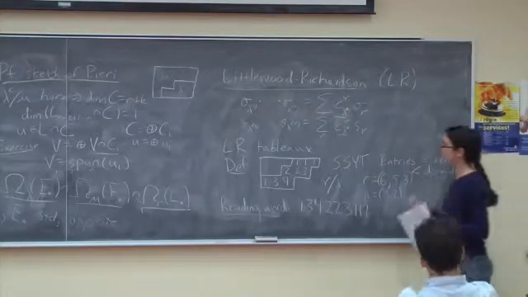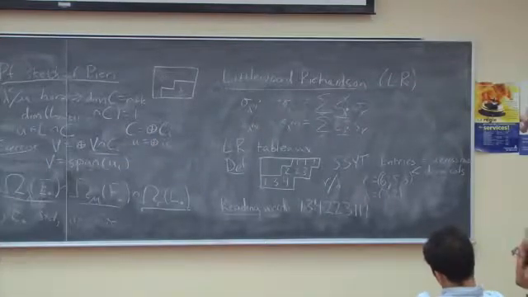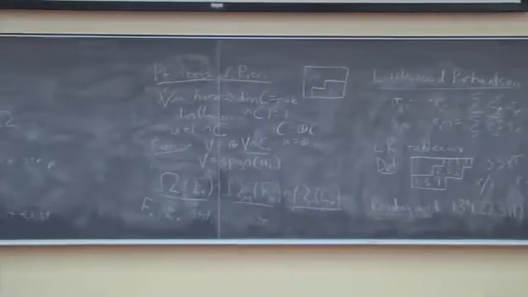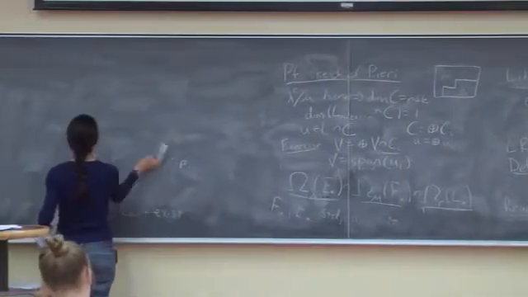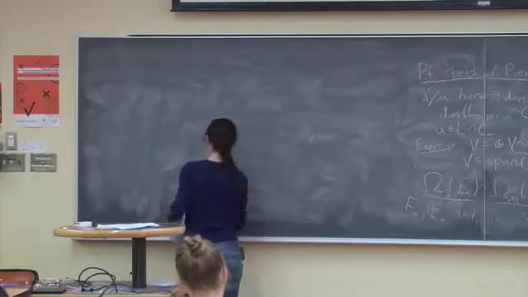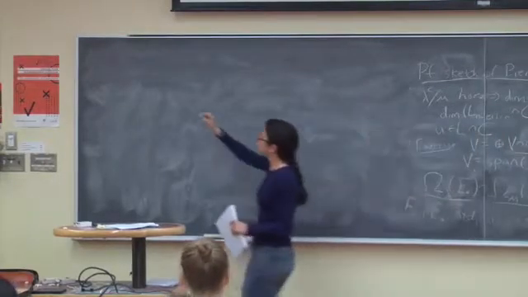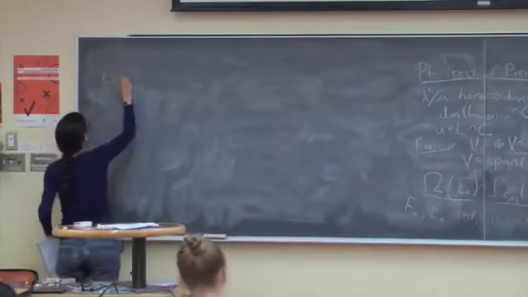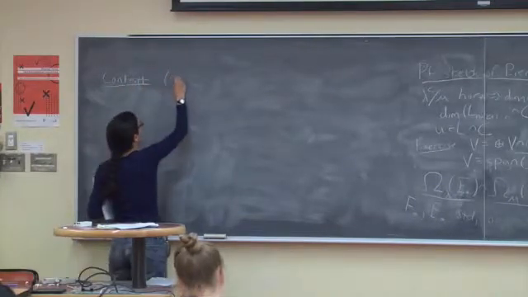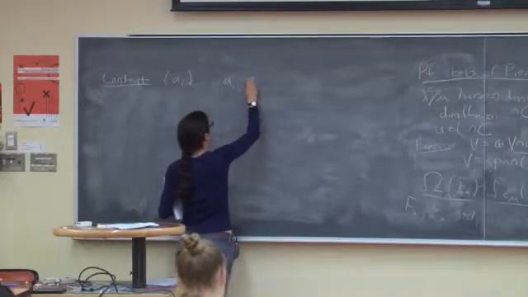Then we also need the content of a tableau. The content is just the vector alpha, where alpha sub i is the number of i's in the tableau.